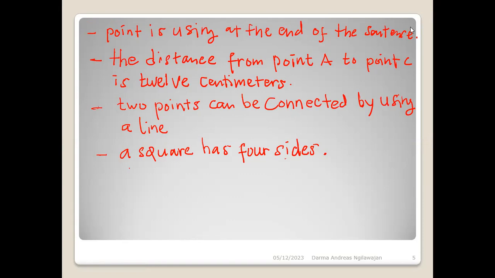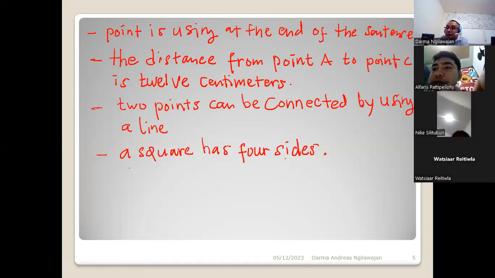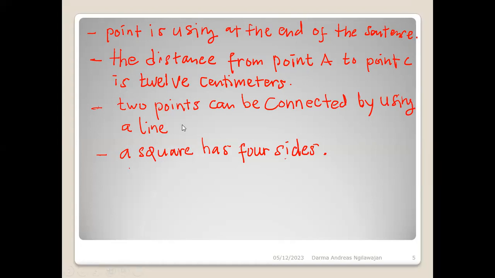Or I will ask any one of you who is willing to volunteer to read the third sentence. Siapa yang bersedia baca kalimat ketiga? Silakan. Oke, go on. The points can be connected by using a line.